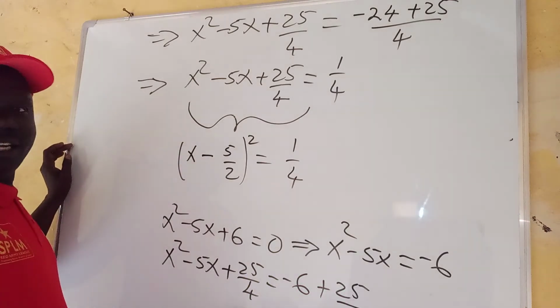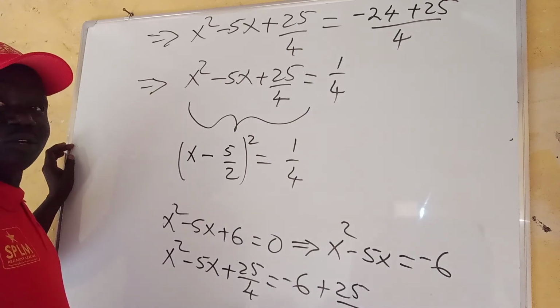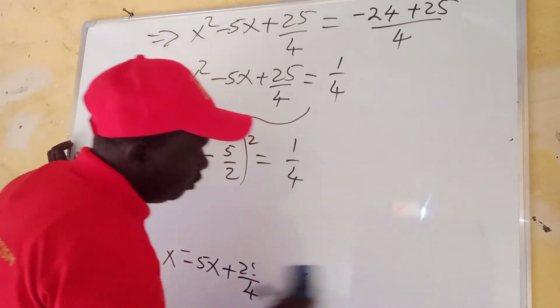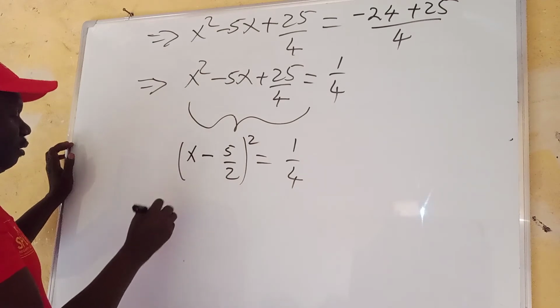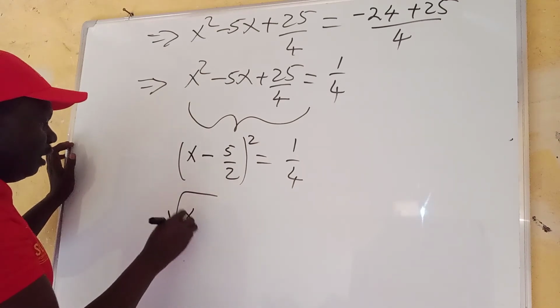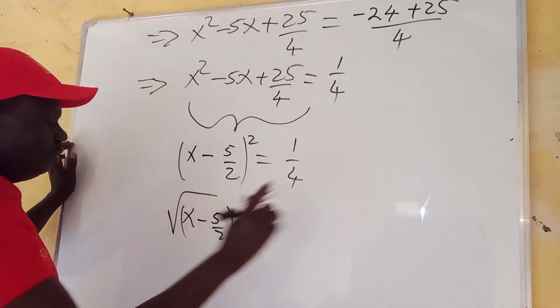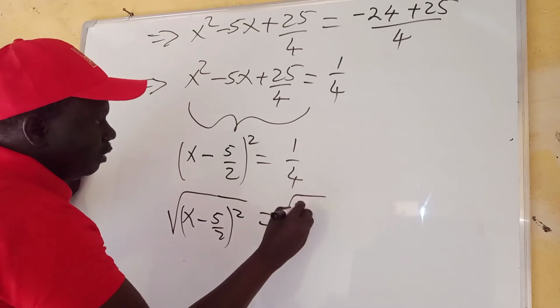Now, the next thing is we find the square root of both sides. What is the square root of x minus 5 divided by 2, the whole squared? It is equal to the radical of 1 over 4.